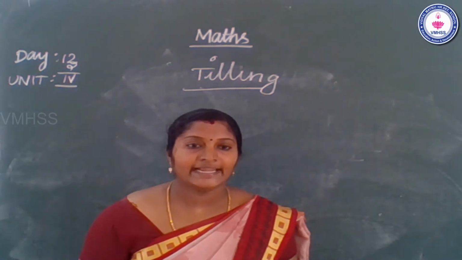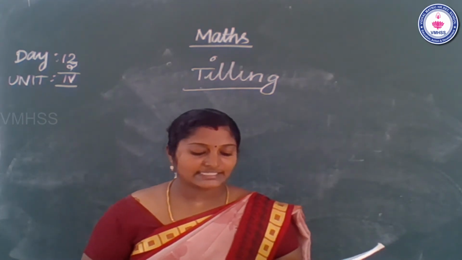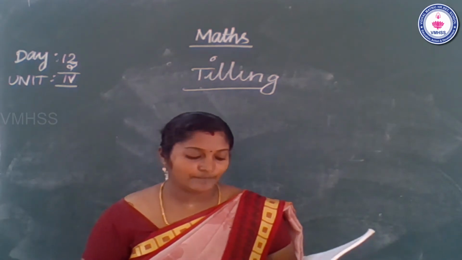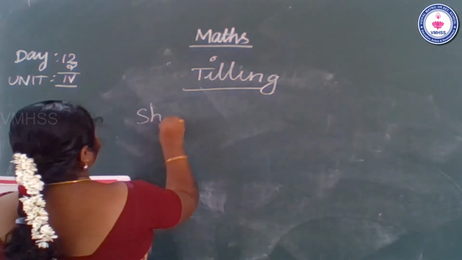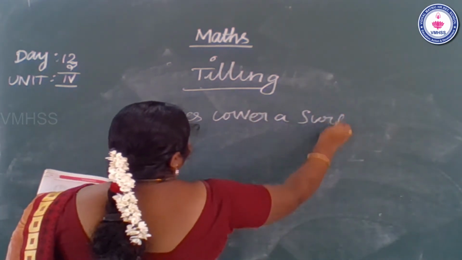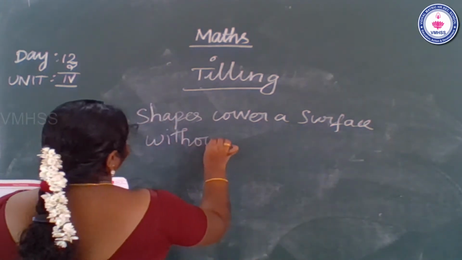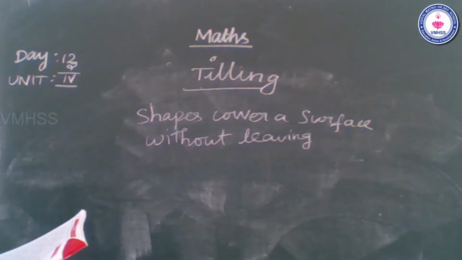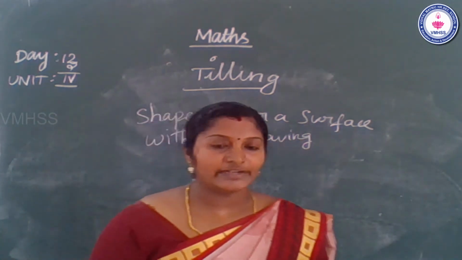First one: when a shape covers a surface without leaving any gaps in between, it is called tilling. Shapes cover a surface without leaving any gaps in between. So that is the main point.